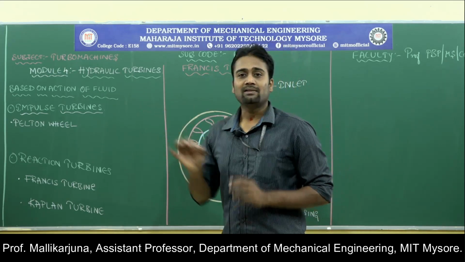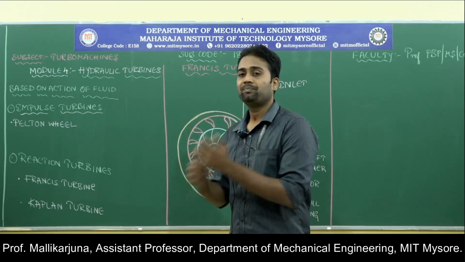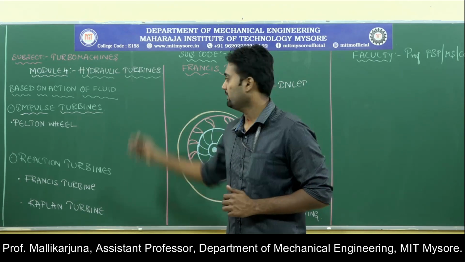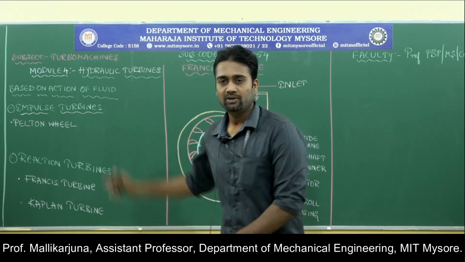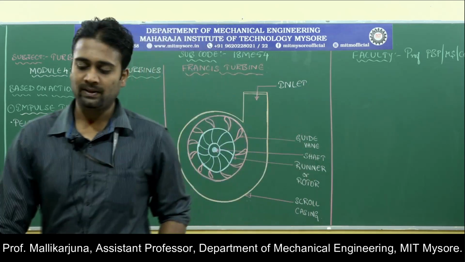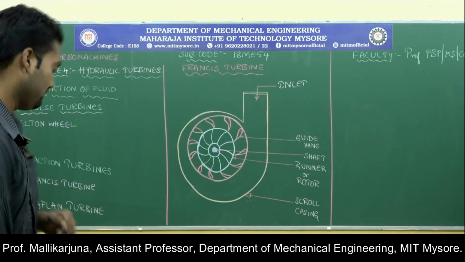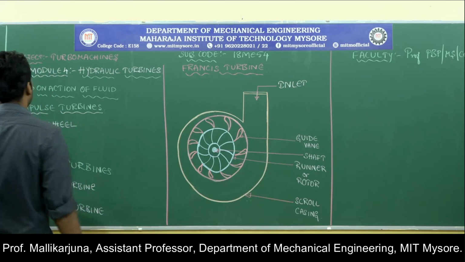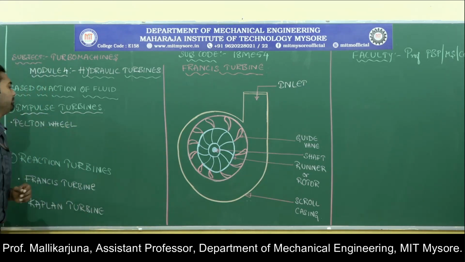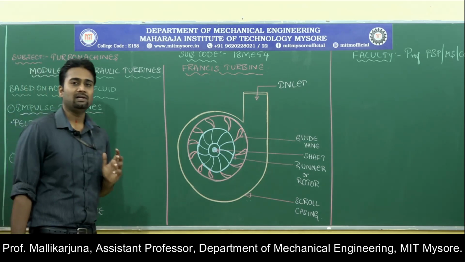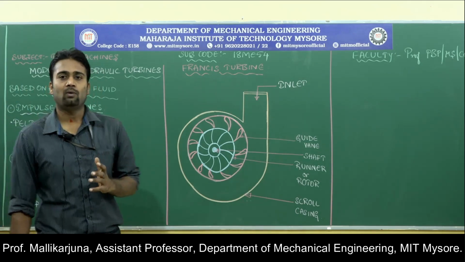Let us try to understand the actions with which the blades are going to rotate in both kinds of machines, and then we can enter into the specific topic. Now we are very clear: the impulse action is nothing but the sudden force acting on the blades of the turbine. The example for an impulse machine is the Pelton wheel. In case of the Pelton wheel, what happens?